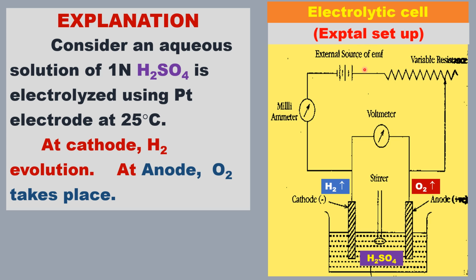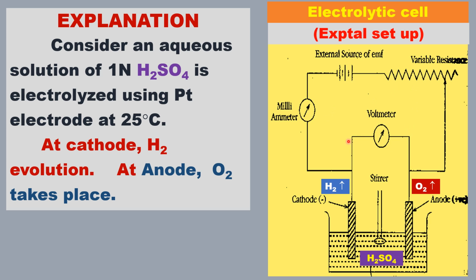an external source of EMF, a battery, is used to apply EMF to the electrolytic cell. Using this battery, a potential is applied, and a variable resistor is used to vary the applied potential.